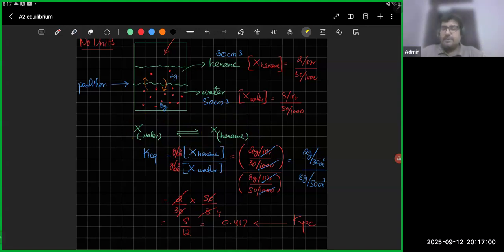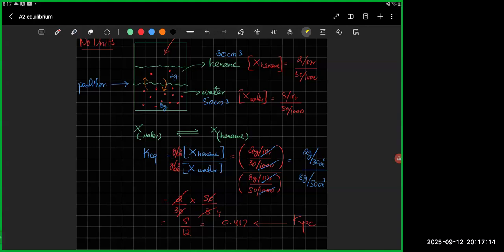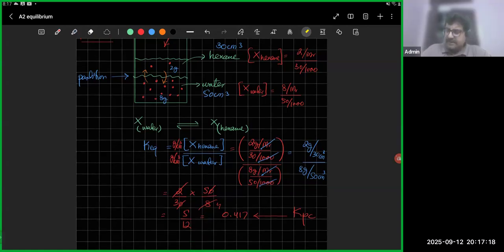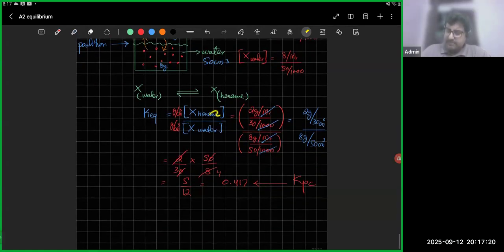So KPC is going to be a constant. I said the importance of this is, okay, there are lots of partitions that exist naturally. I mean, the KPC is clear, right? Okay, what is KPC, right? A large value of KPC means that the solute is more soluble in the numerator, and a smaller value of KPC means the solute is more soluble in whatever is in the denominator.